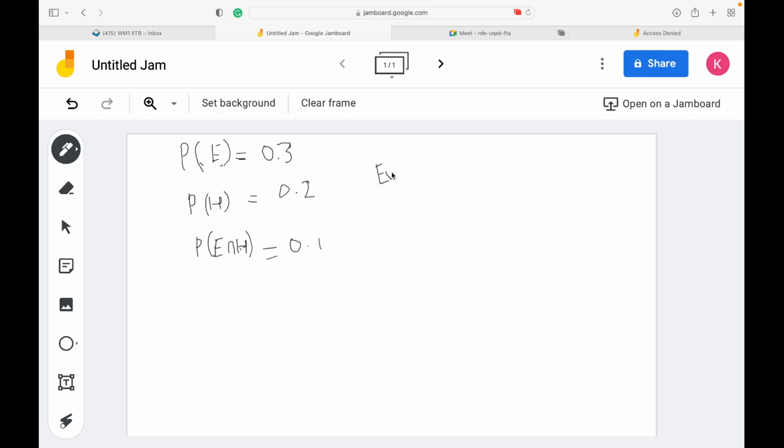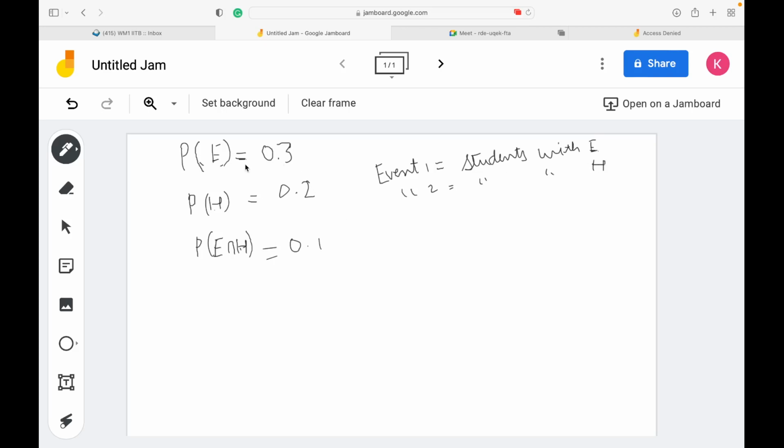So here I can consider event 1 as students with the English course and event 2 will be students with the Hindi course.